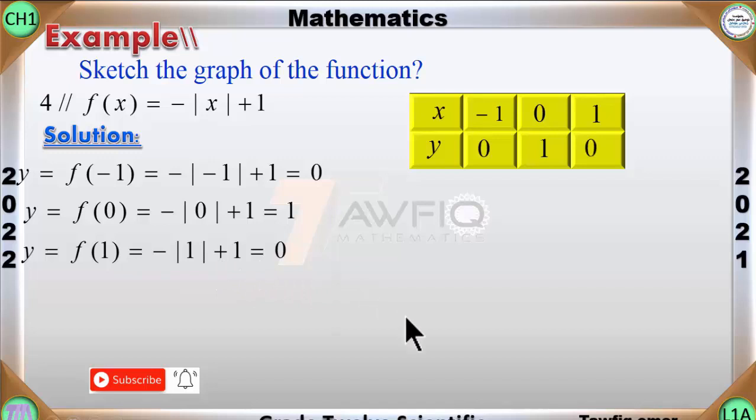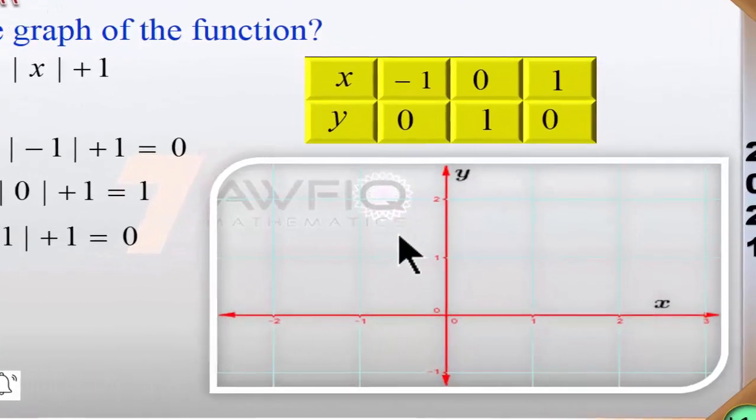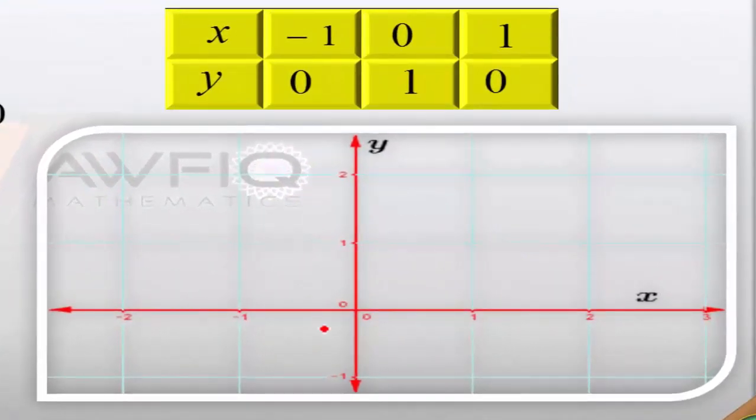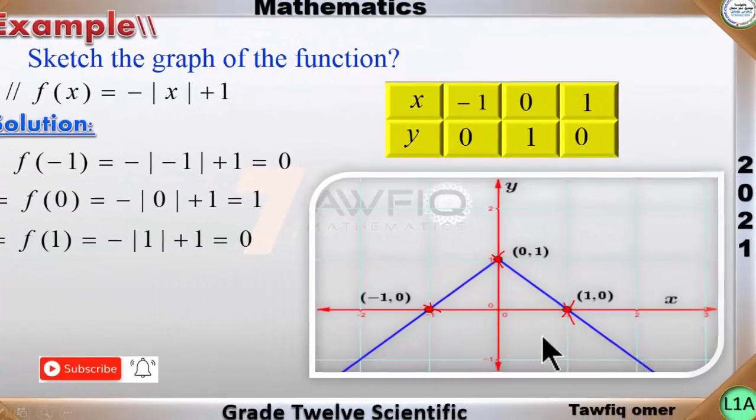And now we have 3 points: (-1, 0), (0, 1), and (1, 0). (-1, 0) is here, this is -1, this is 0, (0, 1), and (1, 0) is here. And now we will draw the graph like this.